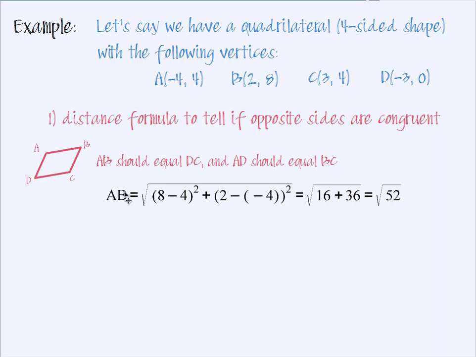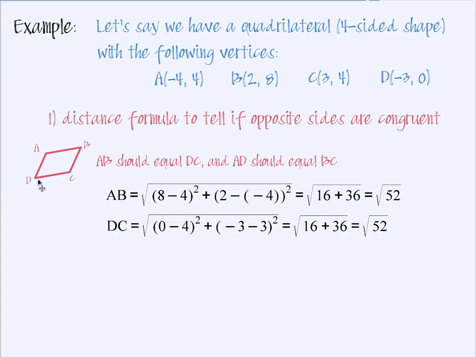So if I do the length or distance from A to B, that'll give me the length of AB, right? If I plug that into distance formula, I get the square root of 52. There's no reason to change this into a decimal or simplify that any further, because if I get another square root of 52, I know it's congruent. Next, I'm going to find the length of DC.